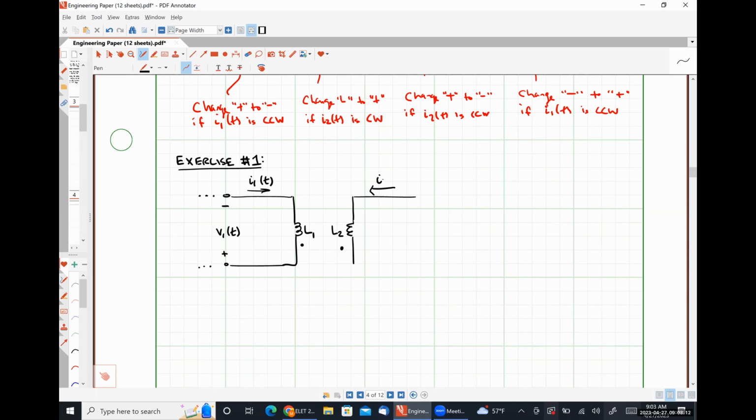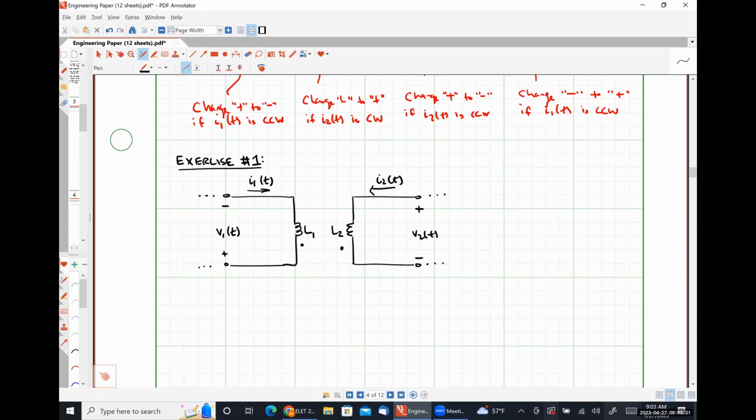Here's the direction of my current I2. This is where we're figuring out what our voltage V2 is.